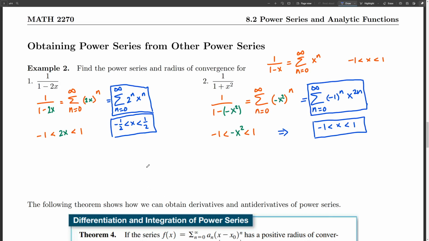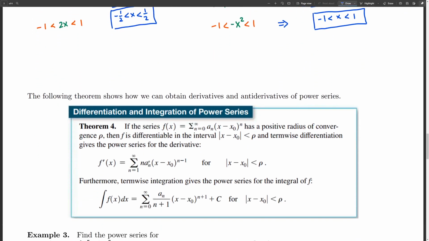So we have another trick up our sleeve to find power series, and that is when we look at differentiation and integration of power series.